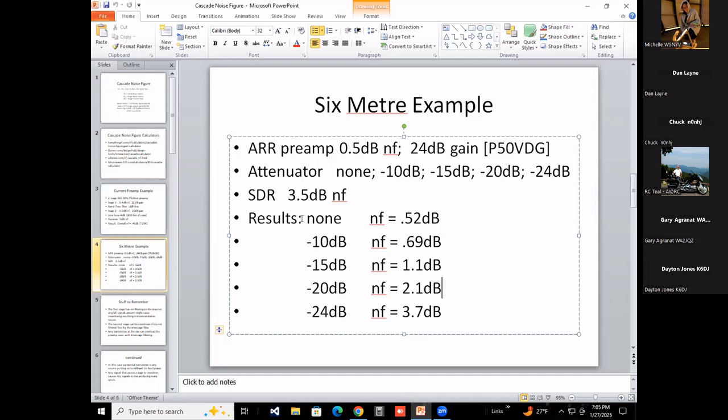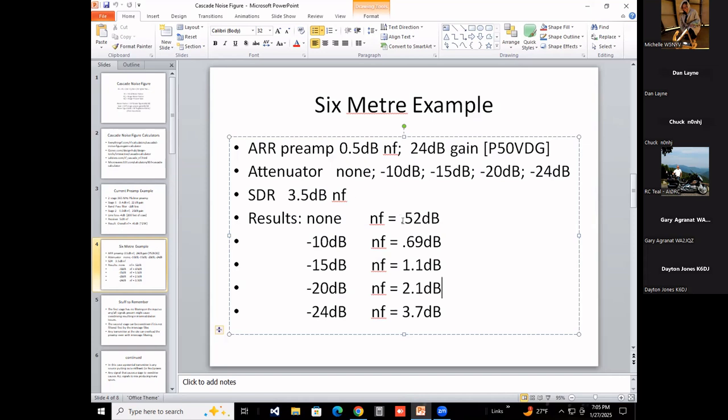So here, using the results of these calculators, with no attenuator after the preamp, with a half a dB noise figure, it only degrades it by 0.2 of a dB. That's with 24 dB gain and a 3.5 dB noise figure following it.